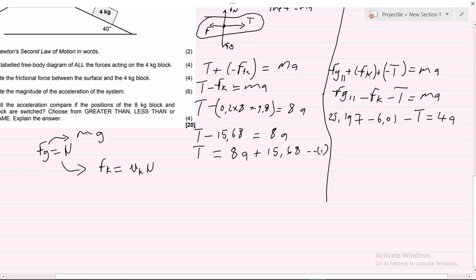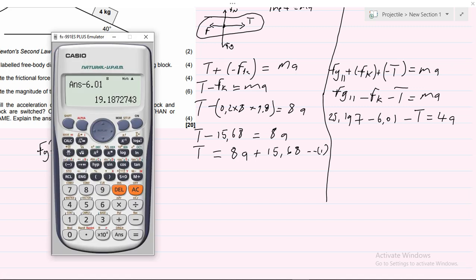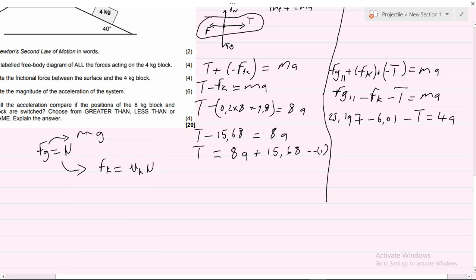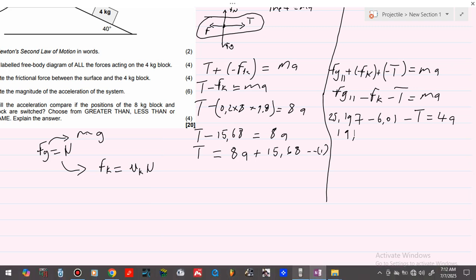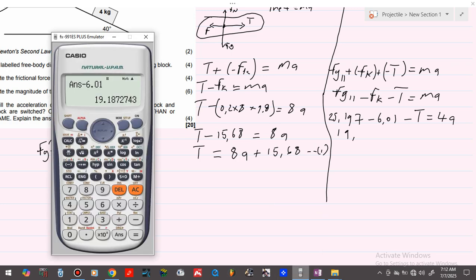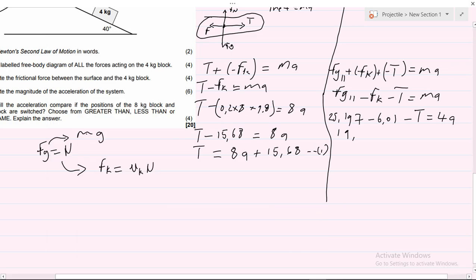Now 25.197 minus 6.01 is 19.187. So 19.187 minus T equal to 4a.